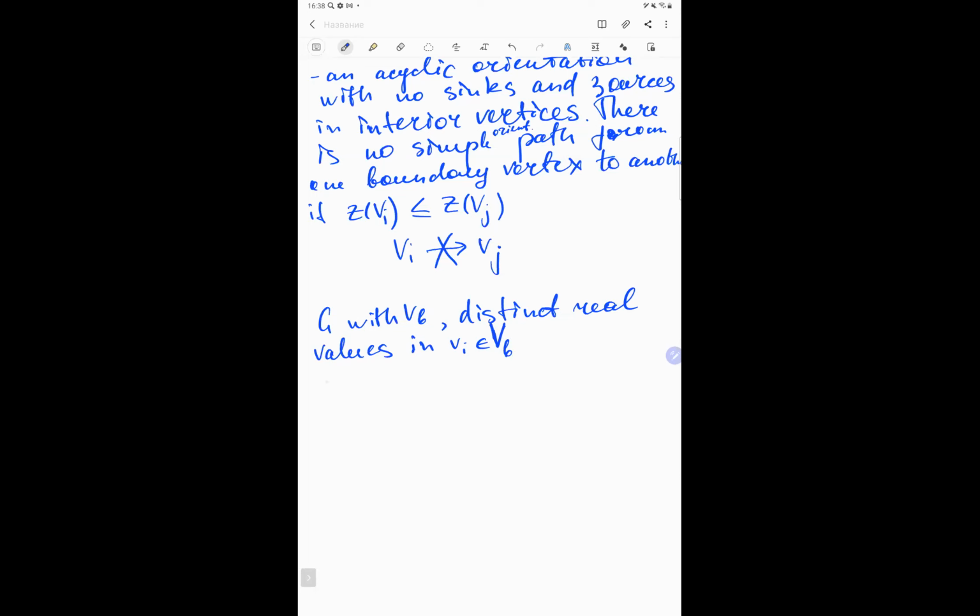We have a function from a set of edges to the real numbers which are bigger than 0.